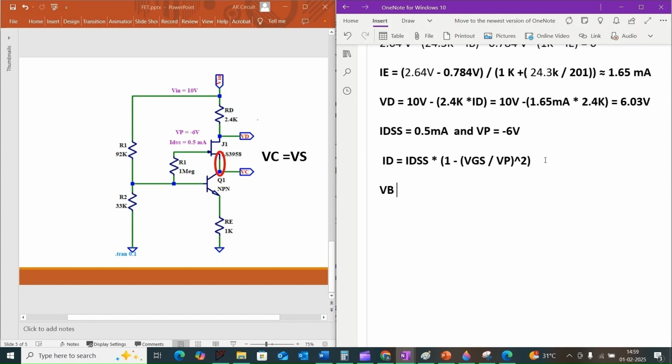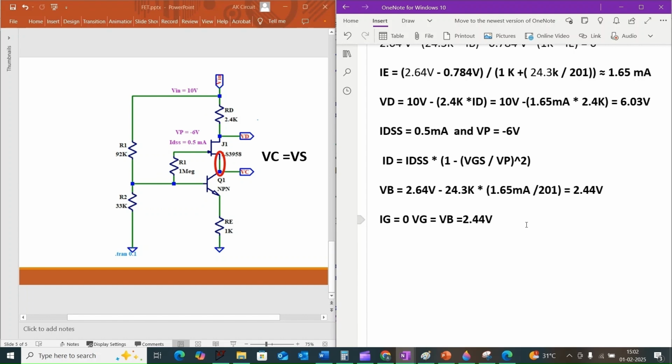The base voltage VB is equal to 2.64 volt minus 24.3 kilo ohm times 1.65 milliamps divided by 201, which is equal to 2.44 volt. Since IG is approximately equal to 0, VG is equal to VB, which is 2.44 volt.